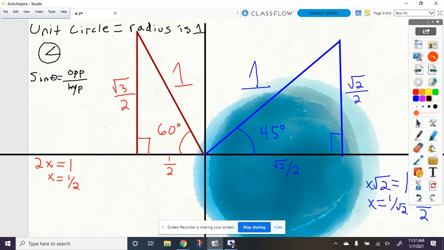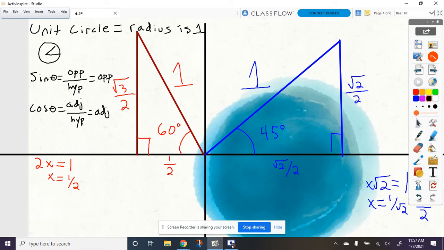So what is sine always going to equal? Opposite over 1, which is just opposite. And we can do the same type of idea for our cosine. Cosine of theta is going to be adjacent over hypotenuse, but then because our hypotenuse is 1, it's just going to equal our adjacent.